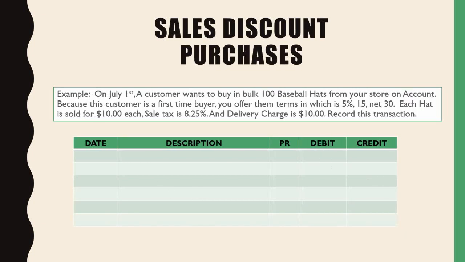Okay? Now, let's talk about the other one. The other type of discount that you can give to your customers. And we've seen this before. We call them terms. If a vendor can give me terms, we can also give our customer terms as well. Terms is an incentive. It's an incentive to tell your customers, hey, if you pay me back in a timely manner, I will give you an additional discount.